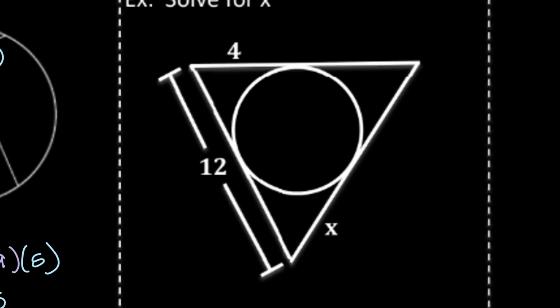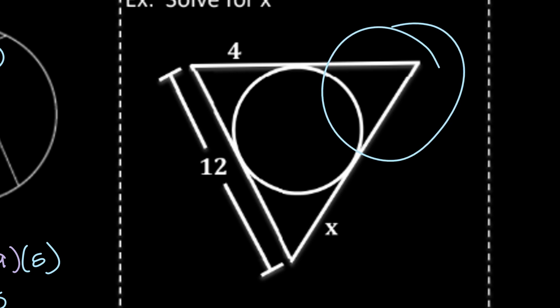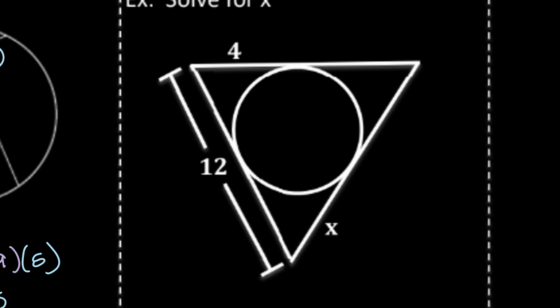How many tangents do we have here? 3. There are 3 tangents. How many party hats are there? 3. Now, can we find all of the sides of the party hats? No, we can't possibly know what those are going to be, right? But what can we know?